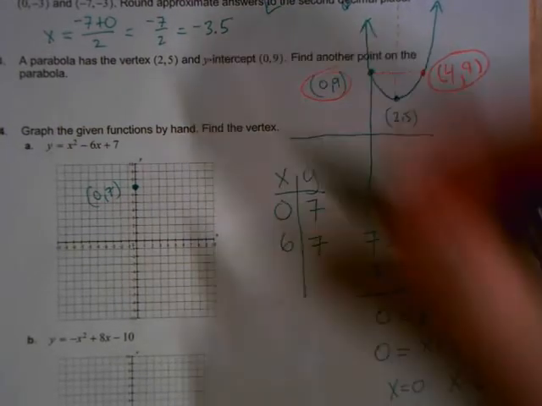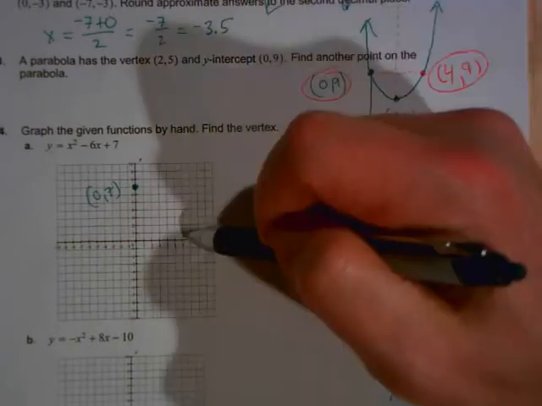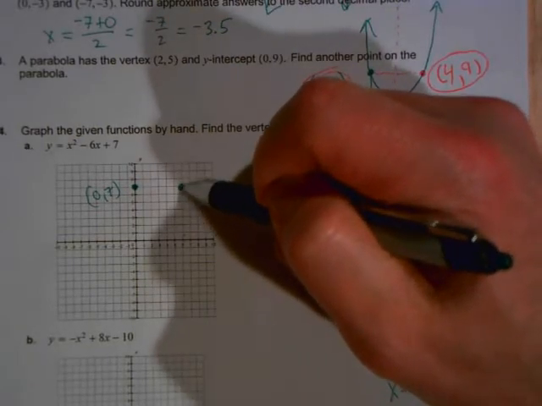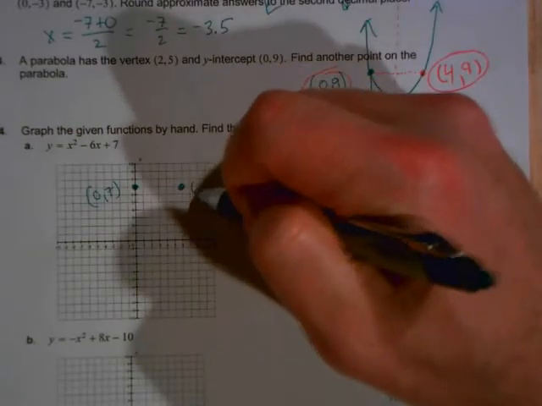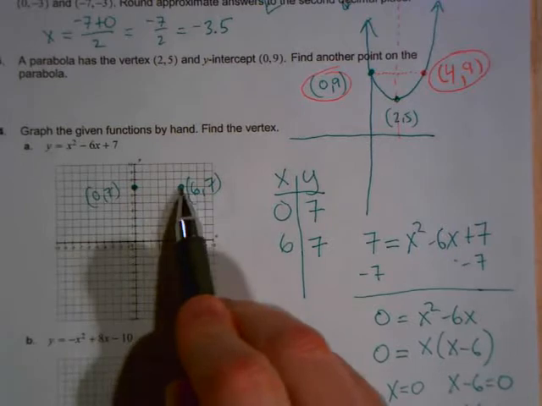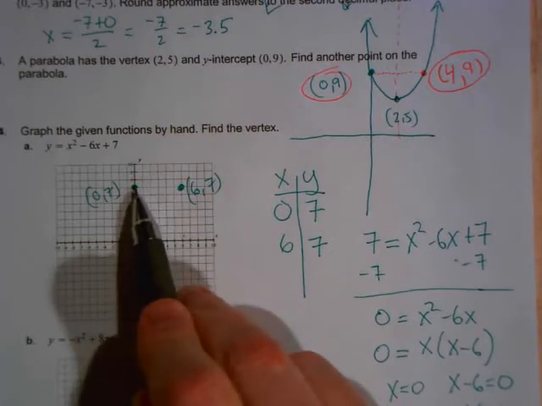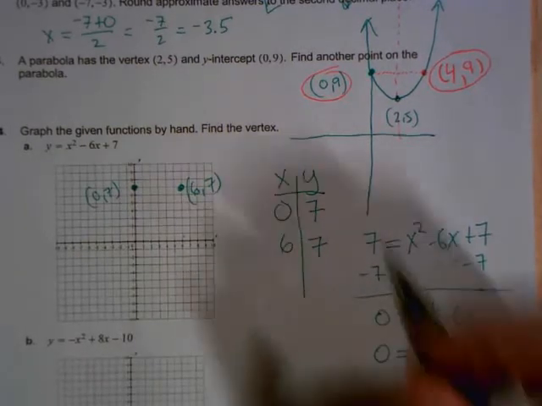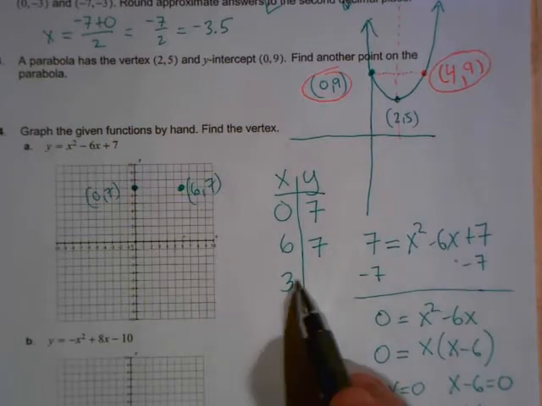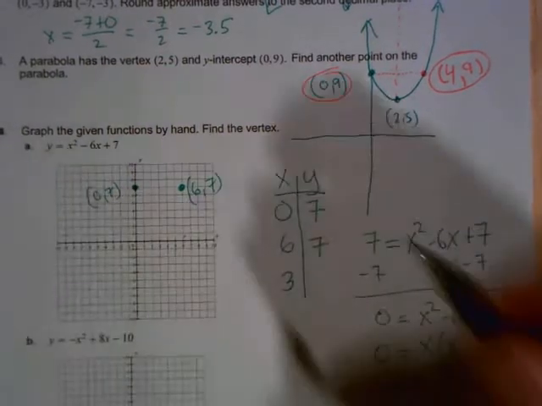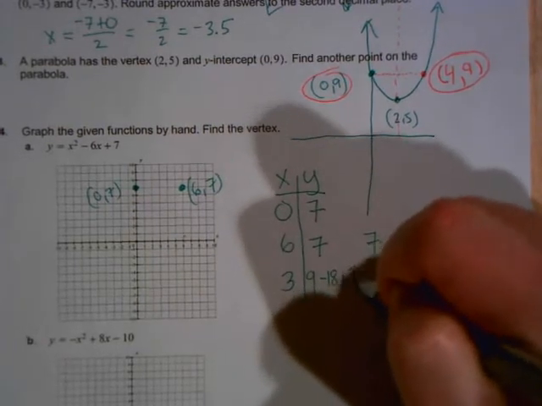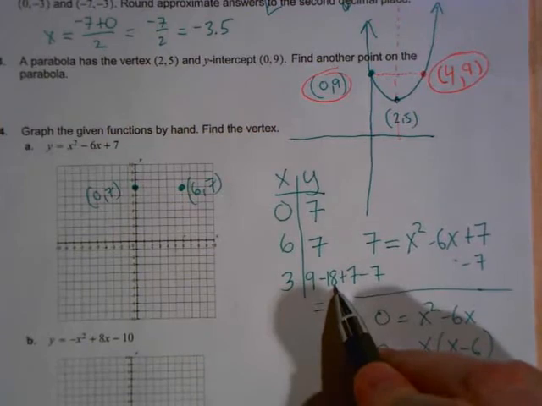Now I graph the point 6, 7. That's right there. And now my vertex has to be halfway in between. Well, what's halfway between 0 and 6? Halfway between 0 and 6 is 3. I take the x number of 3 and I plug it in. That gives me 9 minus 18 plus 7. 9 minus 18 is negative 9.